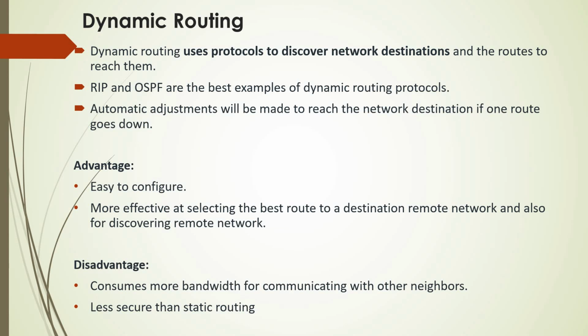The disadvantages are that it consumes more bandwidth compared with the others, and has less security compared with static routing. So these are the three kinds of routing types. Thank you.